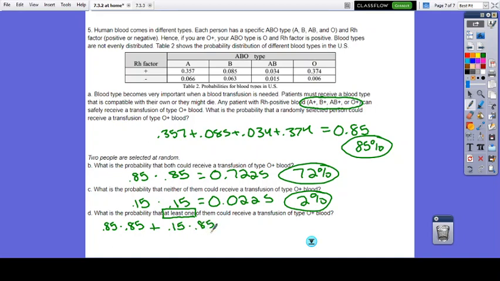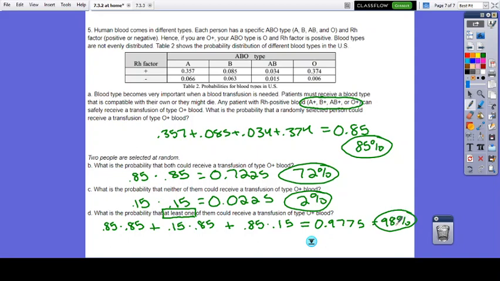So at least one of them could receive that. And then we also have that person one could receive it, but person two could not. So that's at least one. The only thing we're missing here is that both of them could not receive it. So I can add all of those together when I multiply them, and it comes out to 0.9775, or about a 98% chance that at least one of them could receive the O positive blood.